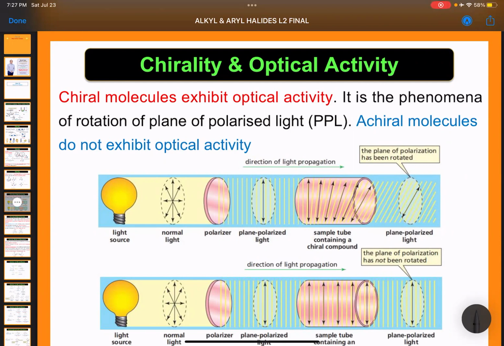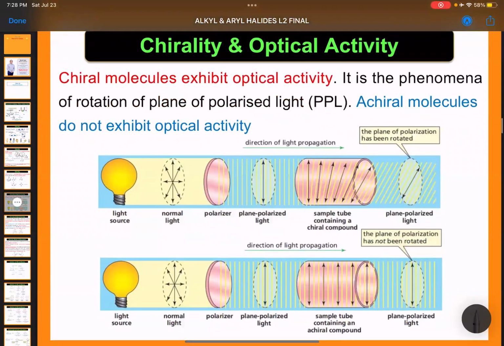Okay, though they looked the same, they were two different forms which were not superimposable because they were different. Okay, and they were called enantiomers, right? Yes. And which other property is there for chiral molecules?